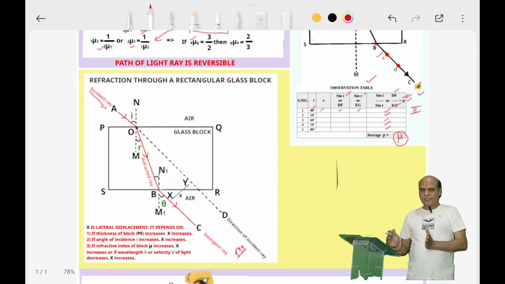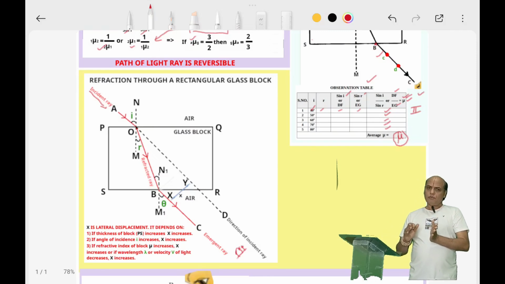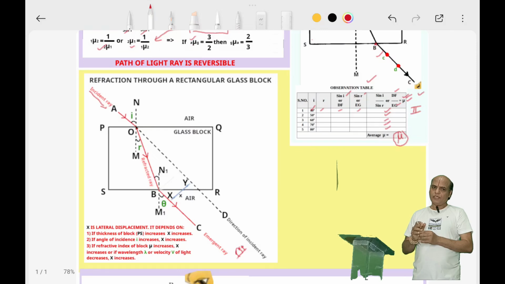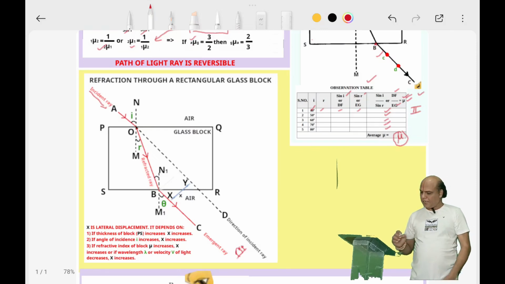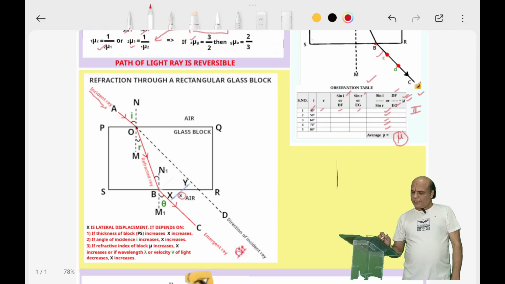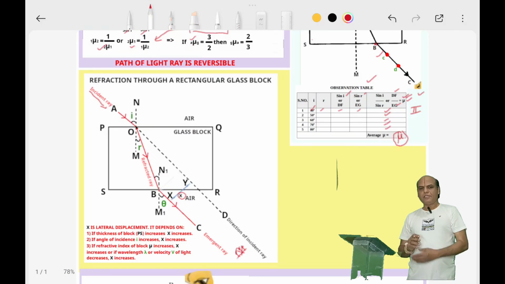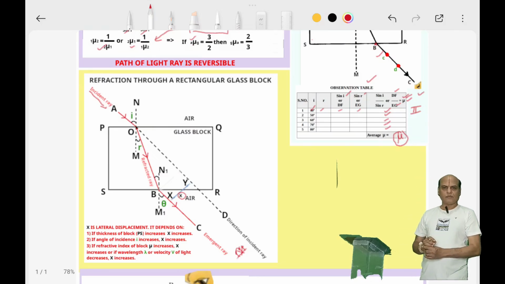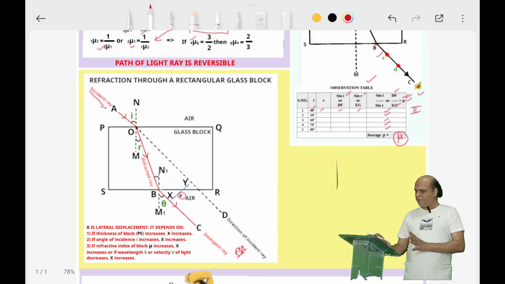Although the emergent ray is moving exactly in the direction of the incident ray, they are not moving along the same line. So for an observer at this point, he observes that there is a lateral shift of x in the incident ray. So this lateral shift is called lateral displacement of light ray. Understood? So the same experiment, verification experiment.